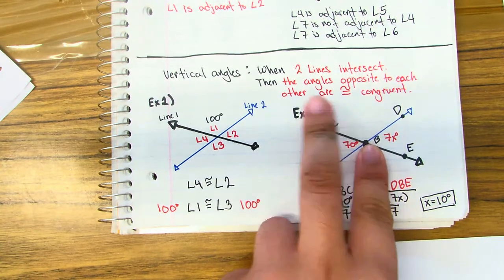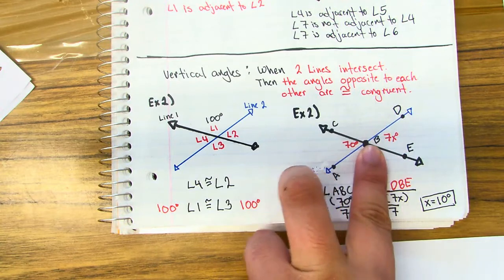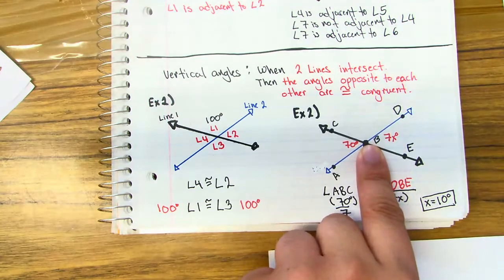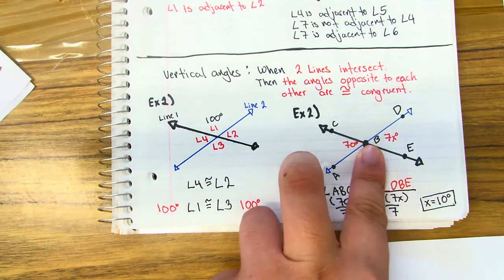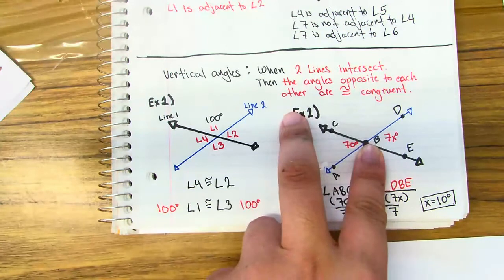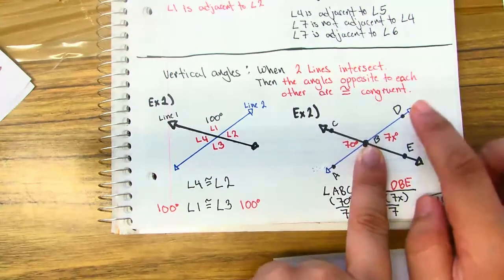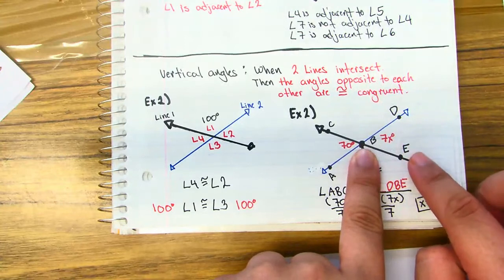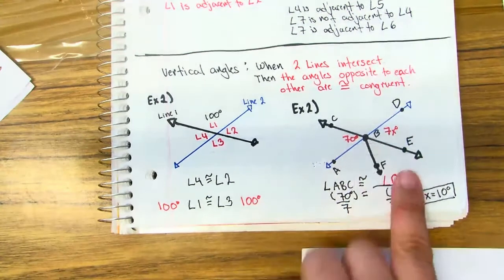Line CE is being intersected by AD, right? So that's when you can actually see it now. ABC is vertical to DBE. Okay, that's pretty much it.